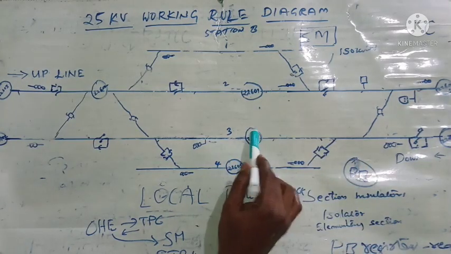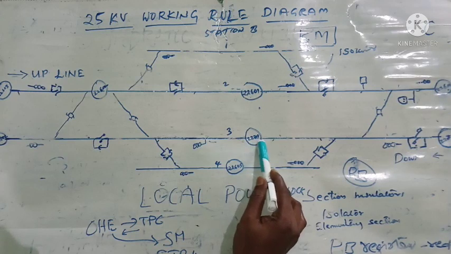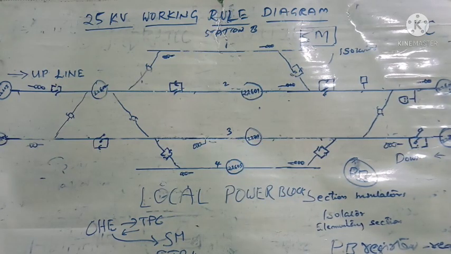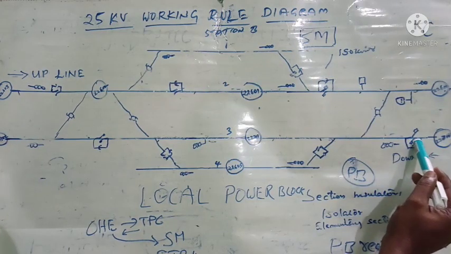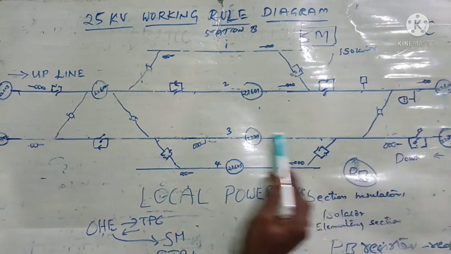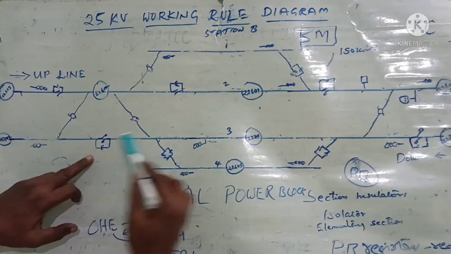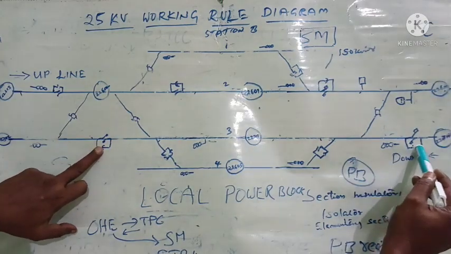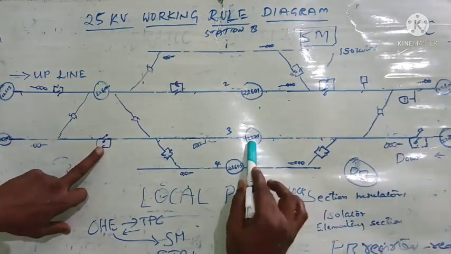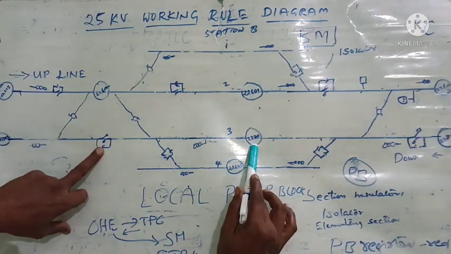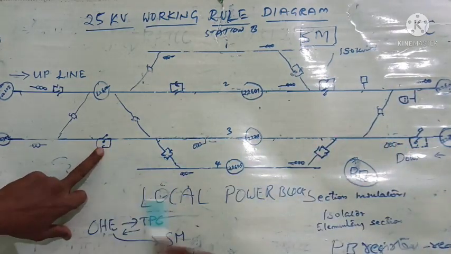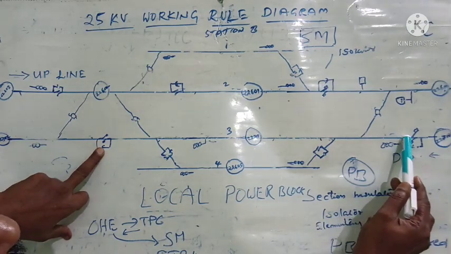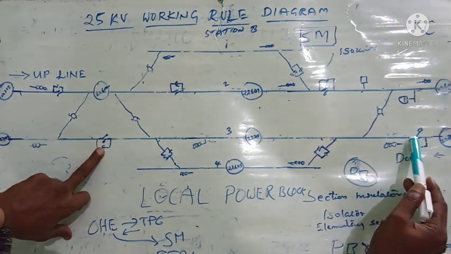Now let us take this elementary section 22701. From where does it begin? See, here this is the isolator switch, and here it is an isolator switch. So in between these two isolators, the elementary section 22701 lies. Now this will be given a separate color. Suppose it is given a green color.